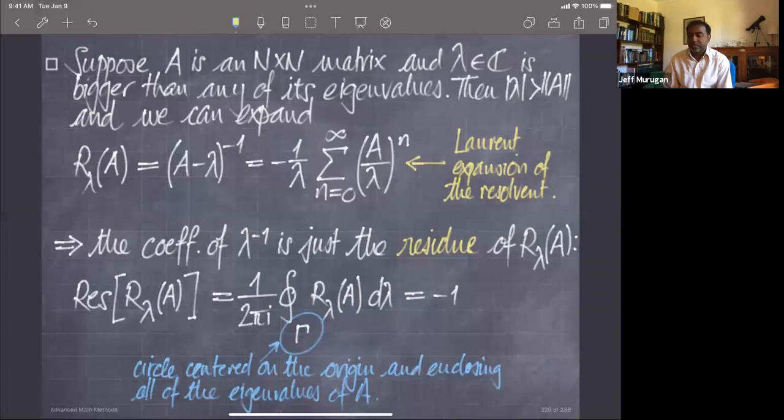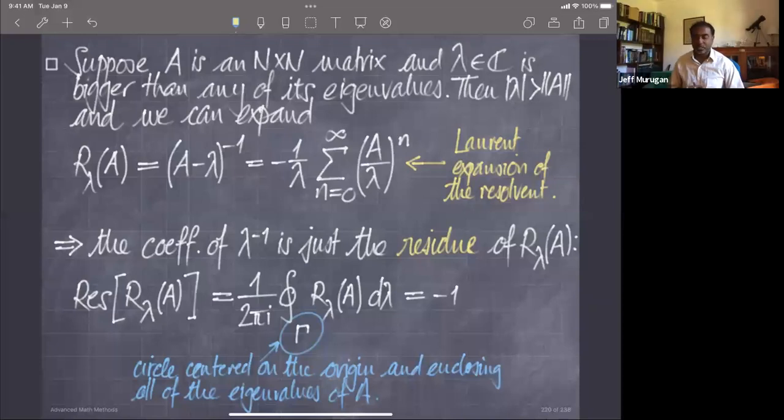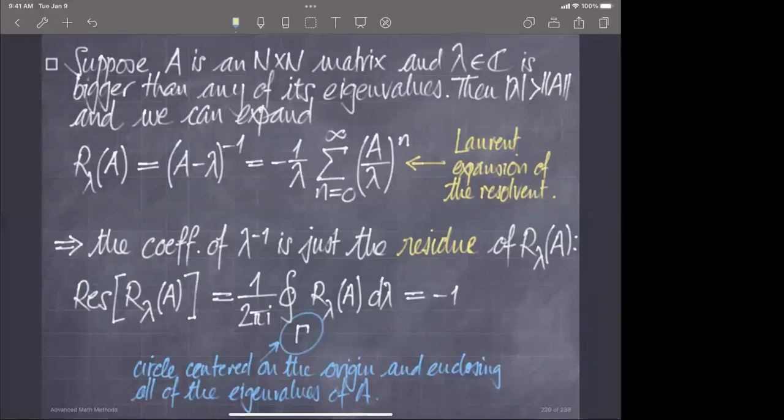So if I have an n by n matrix and lambda is selected to be bigger than any of its eigenvalues, then there's a theorem in operator theory that tells me that mod lambda is greater than the norm of A. Okay. I'm not proving that theorem, but I'm just stating it, and I need that in order to guarantee that my power series in 1 over lambda will converge. Right. Okay.